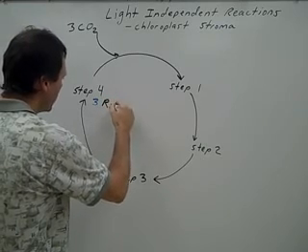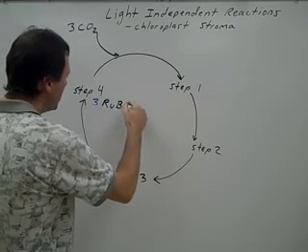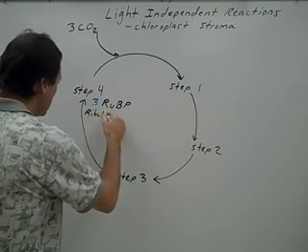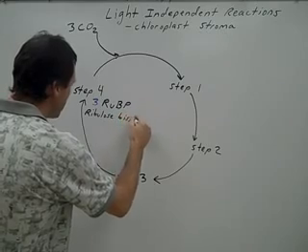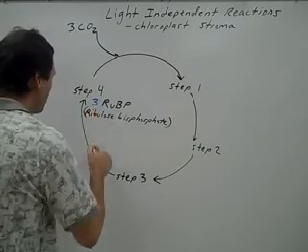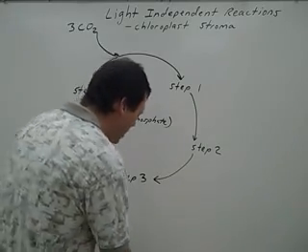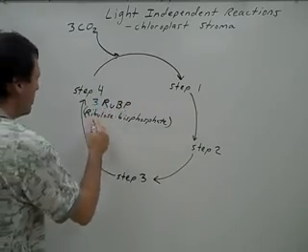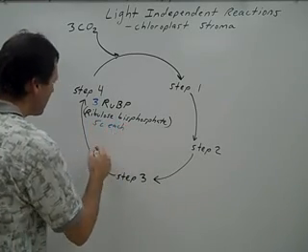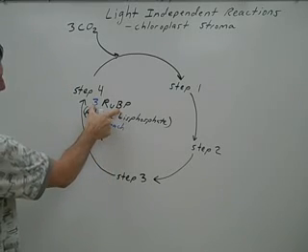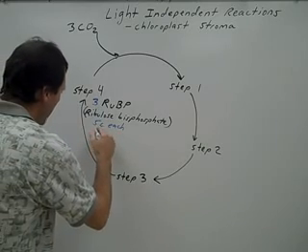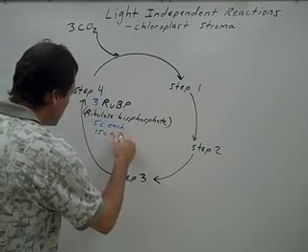R, lowercase u, capital B, capital P. This stands for ribulose bisphosphate. RuBP. Each molecule of RuBP consists of 5 carbons, for a total of, since we have 3 molecules and each molecule is 5 carbons, 15 carbons total.